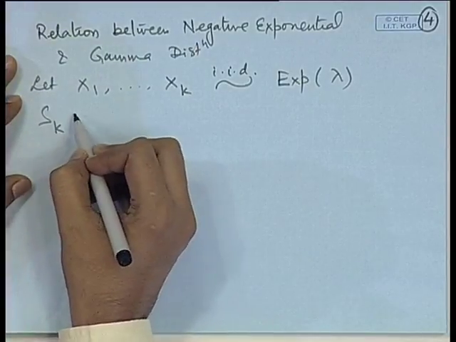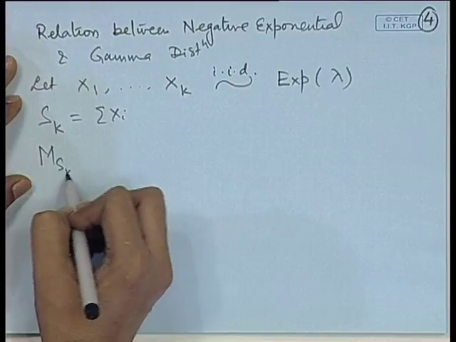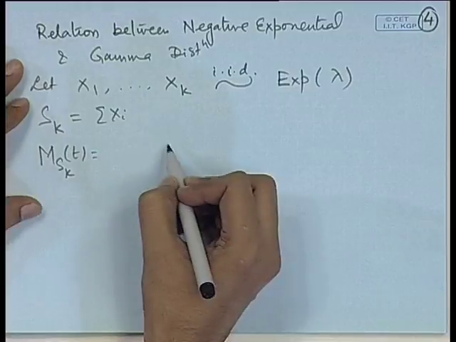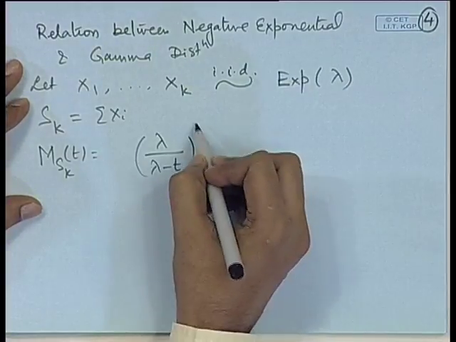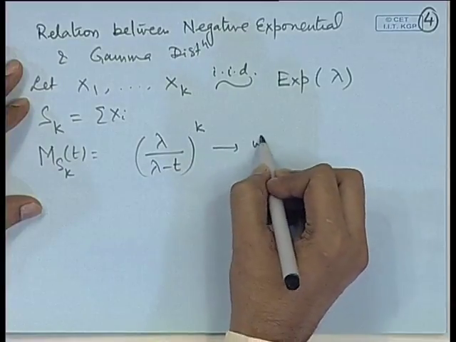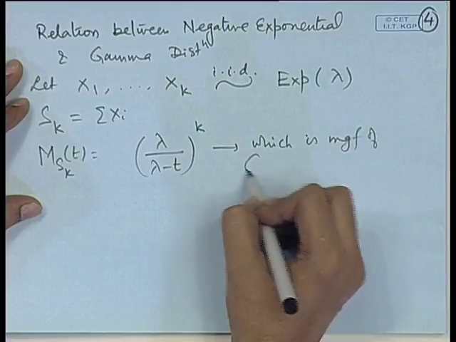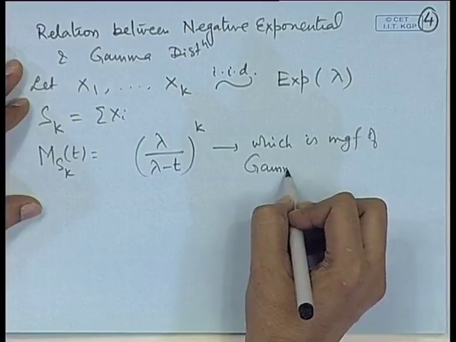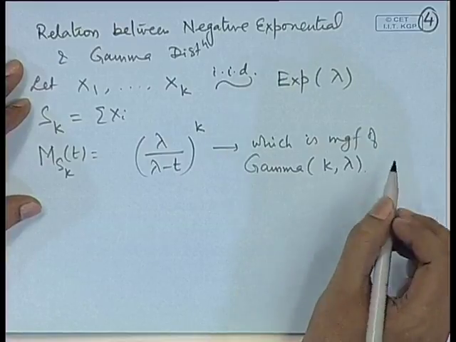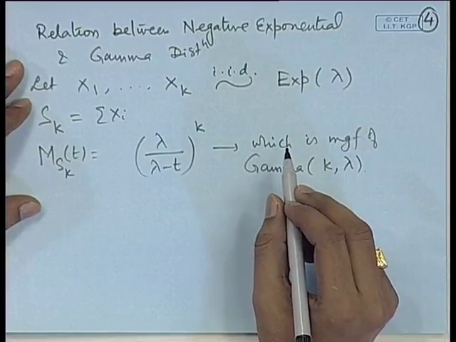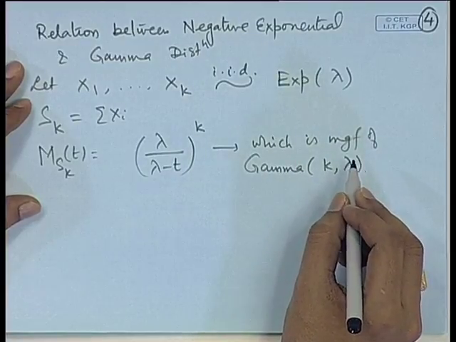Now, let us consider the distribution of the sum. So, the moment generating function becomes lambda by lambda minus t, to the power k, which is the MGF of a gamma distribution with parameters k and lambda. That means, sums of independent exponential variables is a gamma variable.